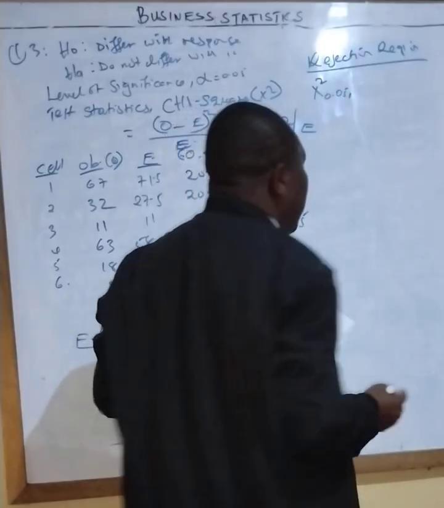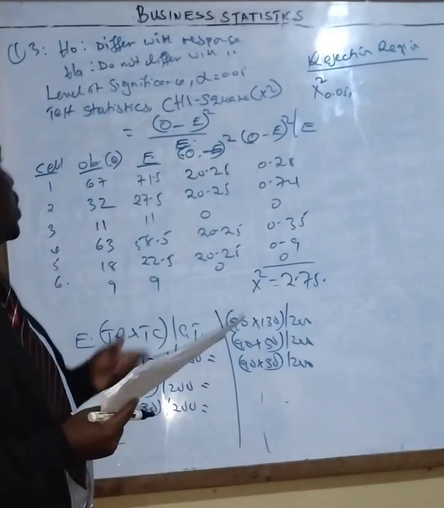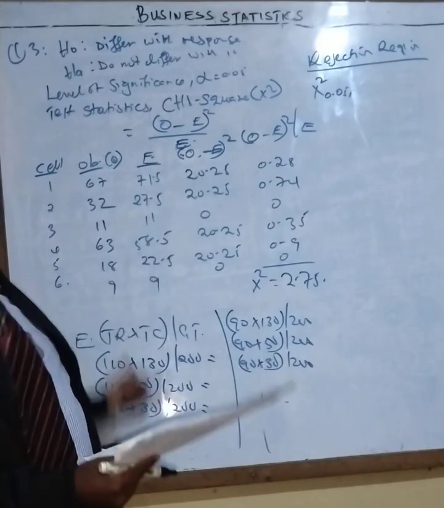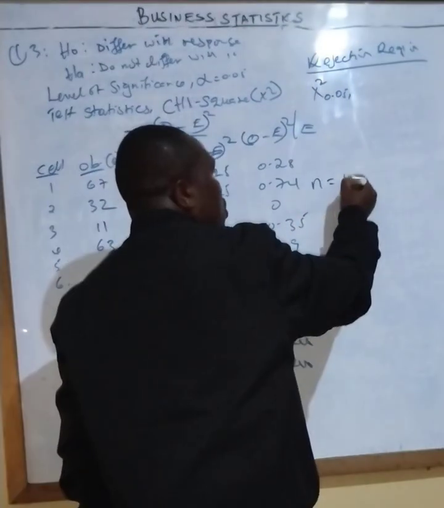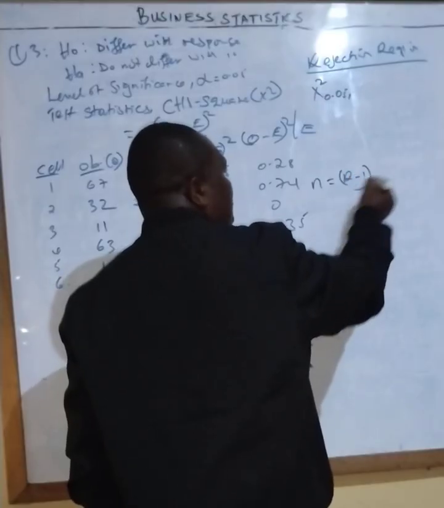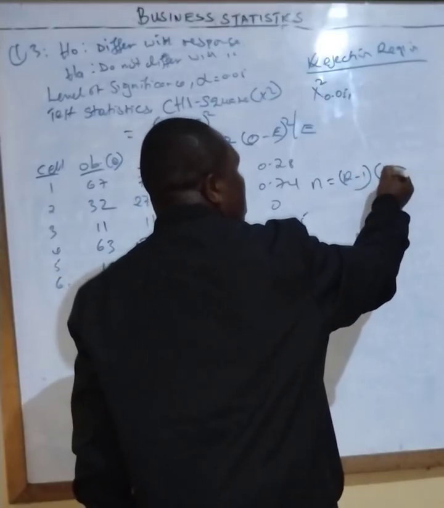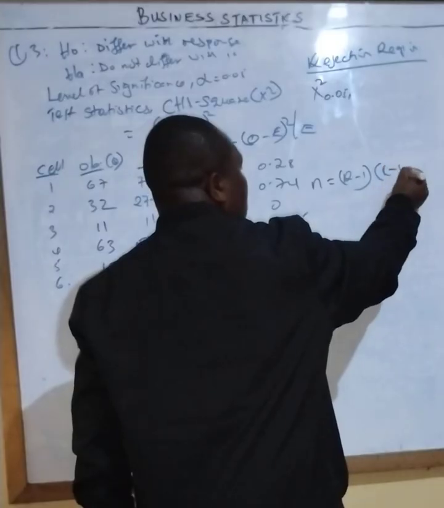Then your n. Because it is a rectangular table, you need to use the formula n equals row minus 1 times column minus 1.